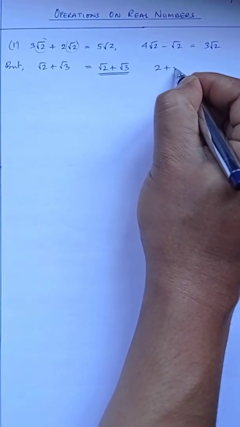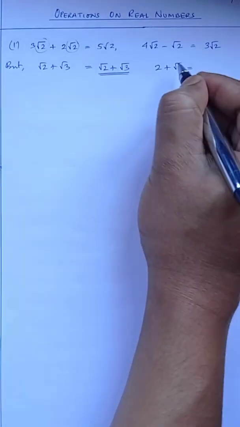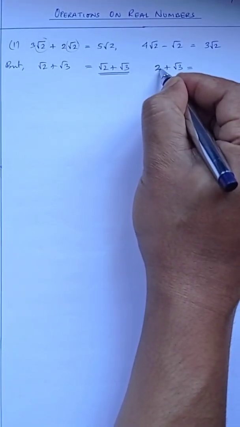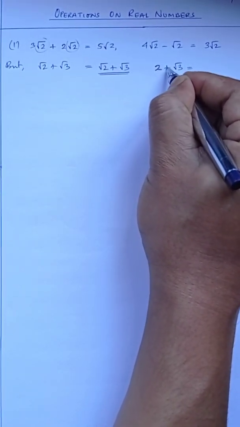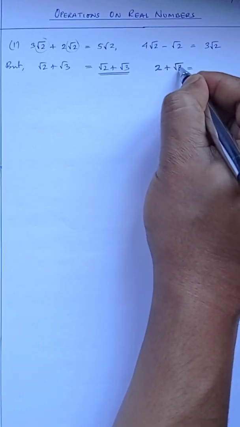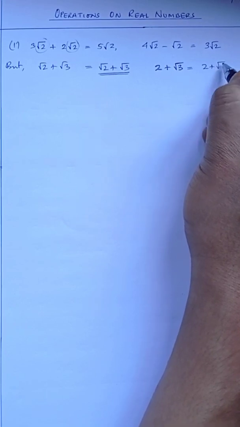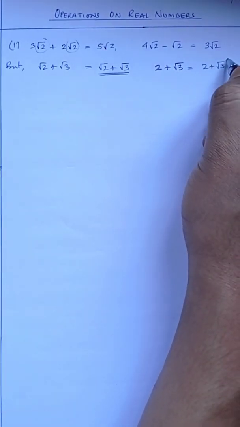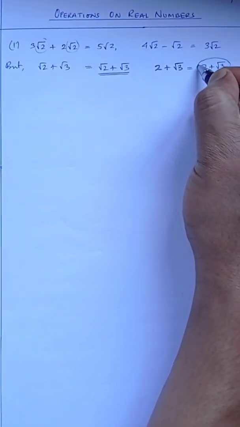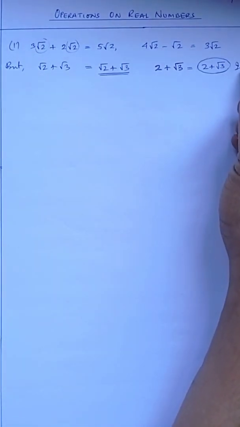Likewise here, see, now this is the rational part, and this is irrational. These two cannot be added, and the result is irrational.